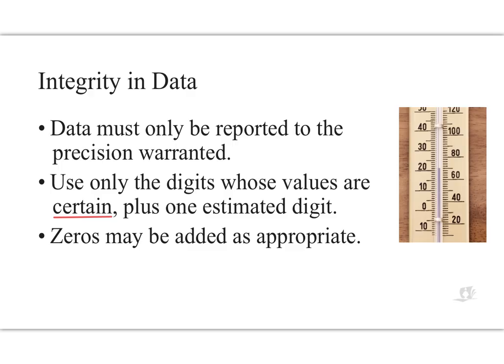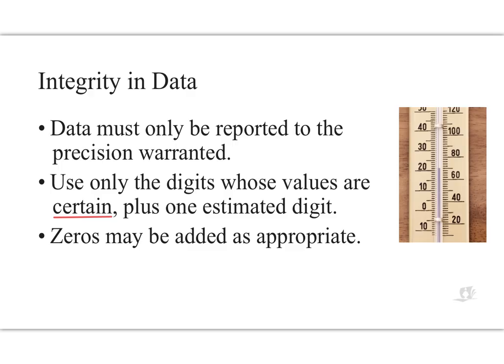Some of the nuances around that integrity. So, data must only be reported to the precision warranted. It doesn't seem reasonable to report 15 digits when I've only measured with an instrument that gives me a certain number of digits. And so, use only the digits whose values are certain, and then you're going to estimate one place of those digits.